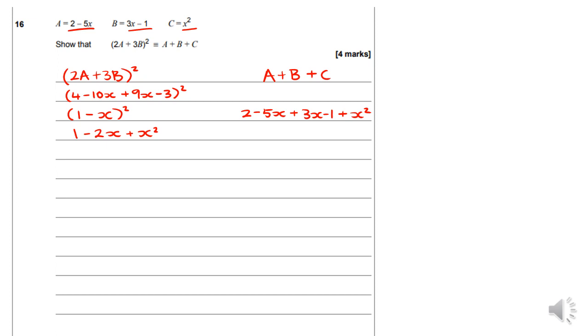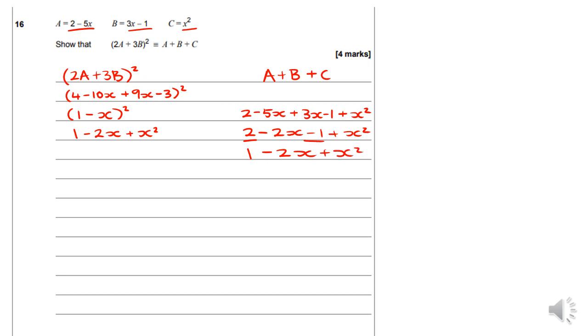Well, I might just do this bit by bit just to make sure that I'm getting the full marks. So I've got 2 minus 5x plus 3x is actually negative 2x. Still need to take off 1, still need to add x squared. I can do the 2 take away the 1 next. So 2 take away 1 is 1, take away 2x plus x squared.